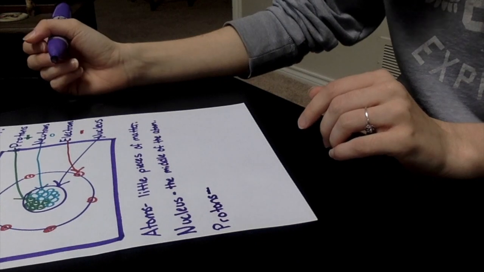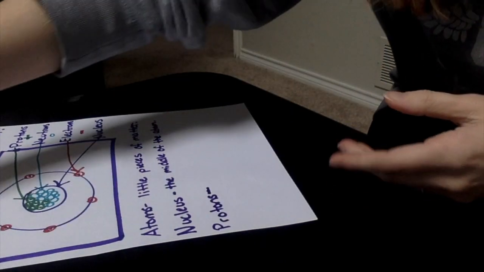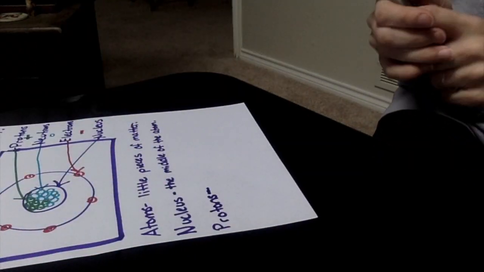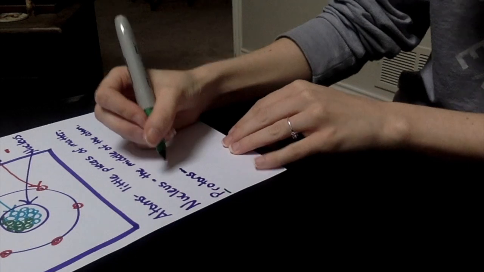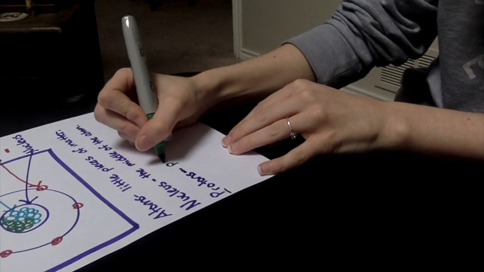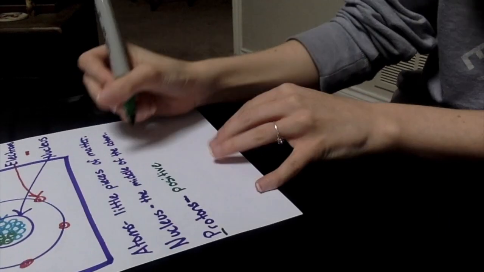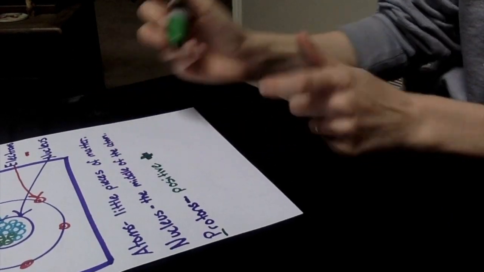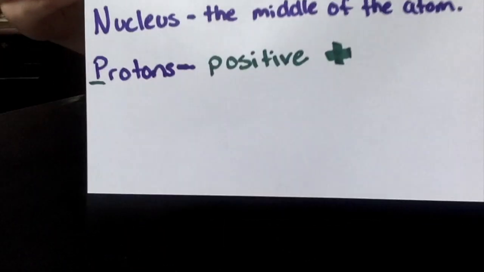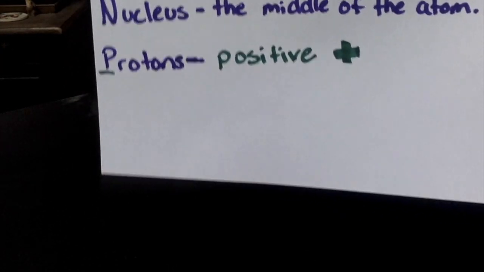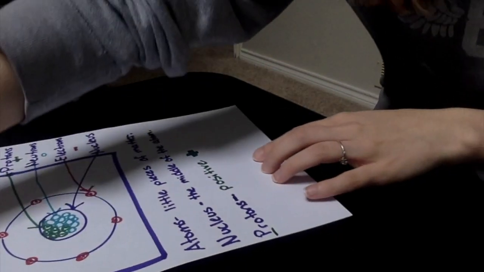Think about protons. What kind of charge do protons have? Here's a good way to remember. Proton starts with a P because protons have a positive charge. And we show that with a plus sign. Here's the next one.